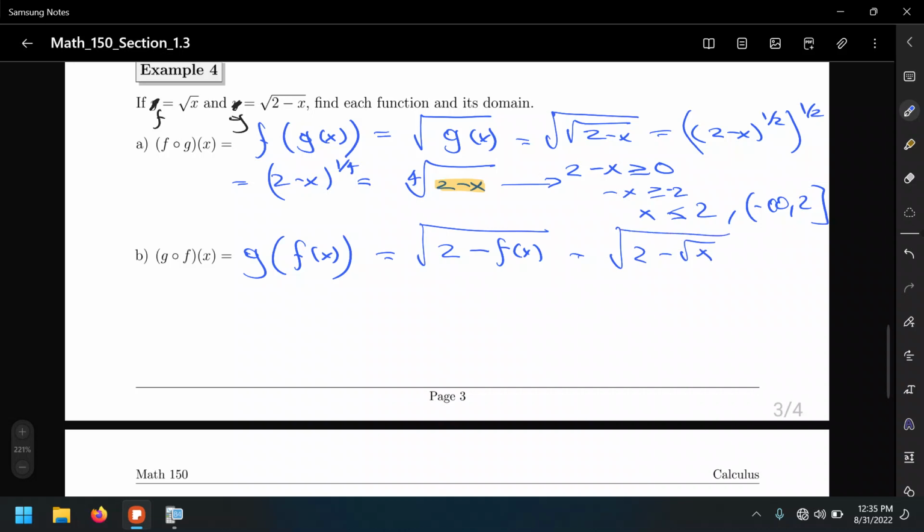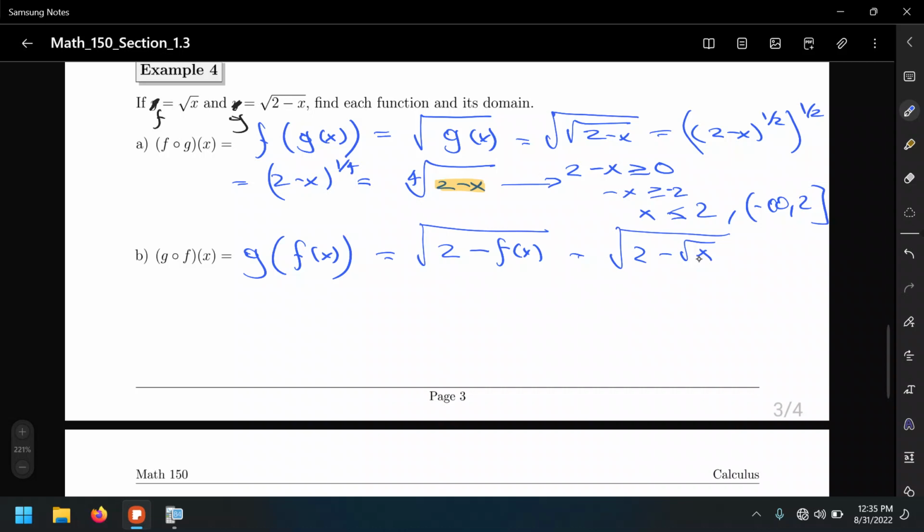We need to be very careful when they're asking us for the domain of an overall composite function. In the previous example I didn't do anything about it, because, number one, what's the restriction for 2 minus x? Do we really have any restrictions? That's like a polynomial that is all real numbers. But what about in this case?